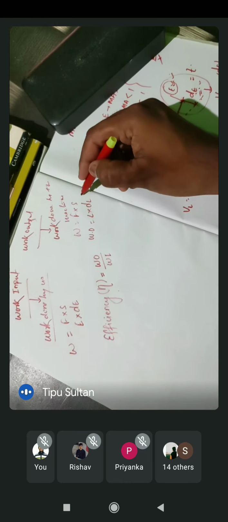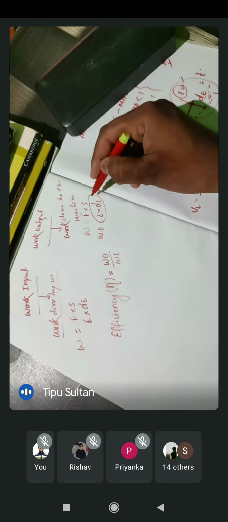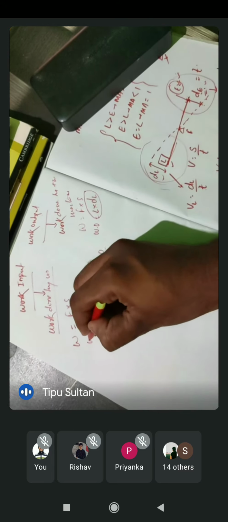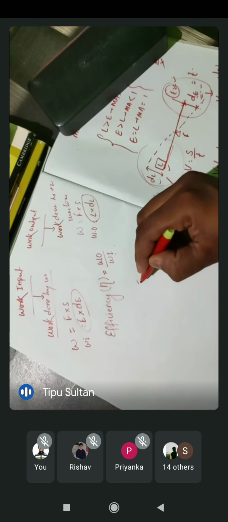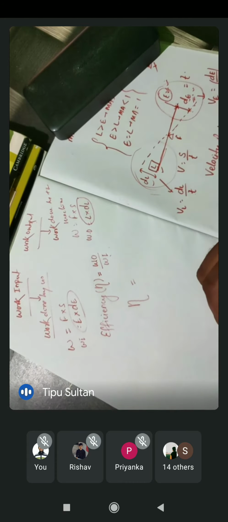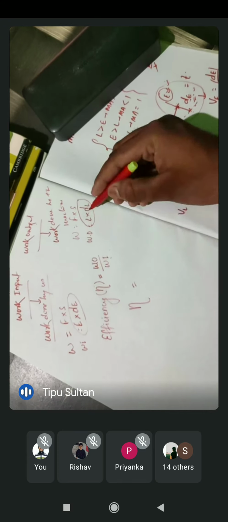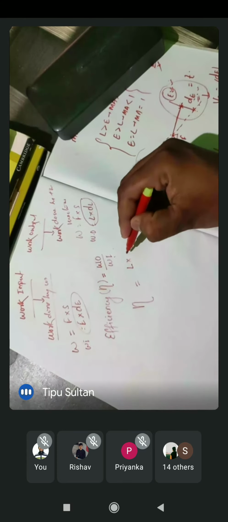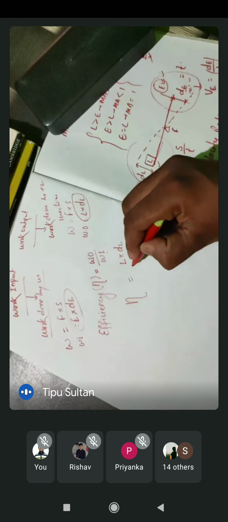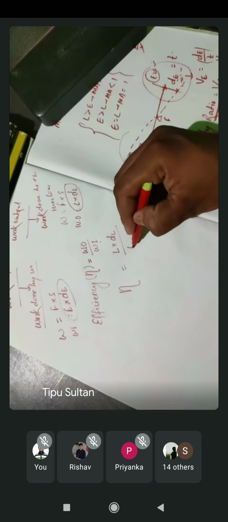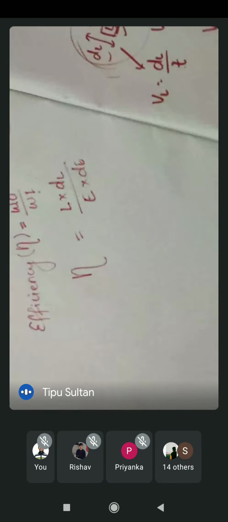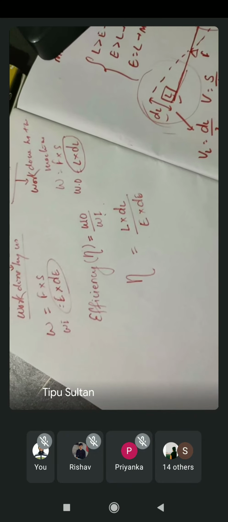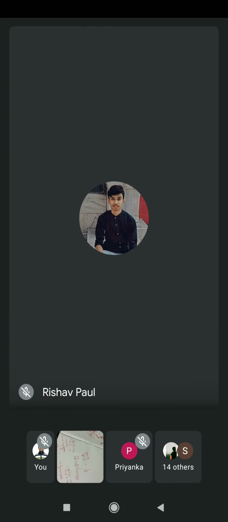This will be the work output, and this will be the value of work input. So efficiency eta is equal to work output, L into dl, by E into dE. Can we write this?